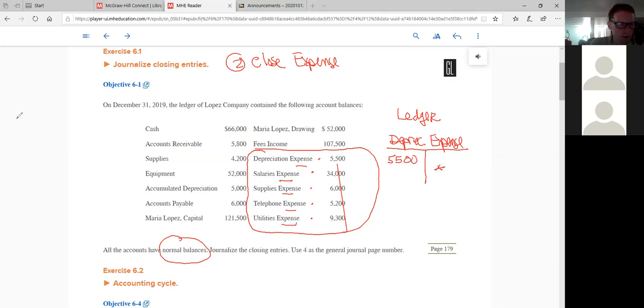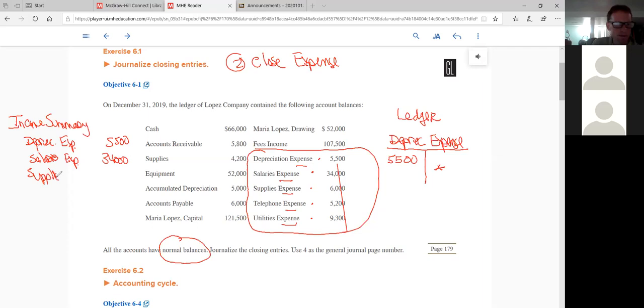And so what we'll be doing then is income summary is going to get the debit, and all these expenses will be credited. So we would have depreciation expense. We're going to be crediting that for $5,500. We would have salaries expense. We would have to credit that for $34,000.